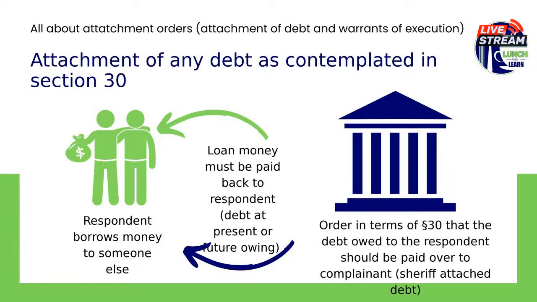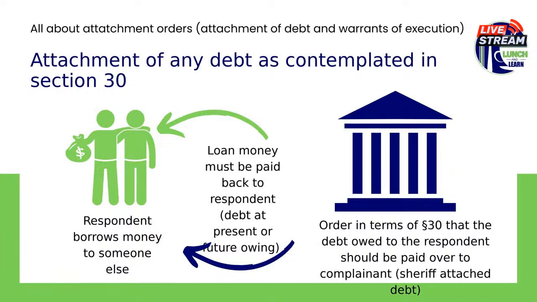In terms of Section 30, where you deal with attachment of any debt as contemplated in that section, I made it a little bit graphical so that we could understand what is meant by that. We have a situation where the respondent lends money to somebody else. He gives his best buddy a certain amount, 100,000 Rand, just for example.